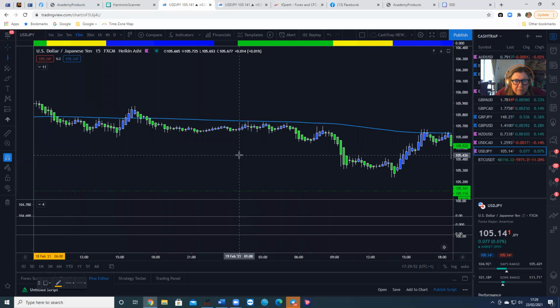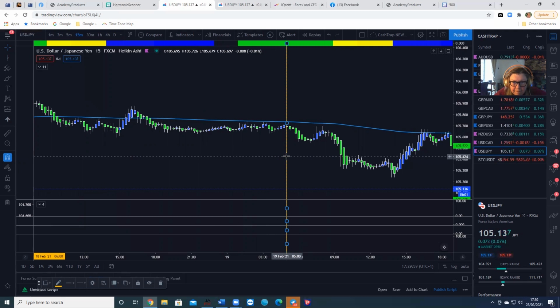And I'll show you something else I just thought to show you. So I'm going to look at Matty's session again, 5 o'clock to 6, just that little bit there. And he will have identified from our lines of support and resistance where price previously stalled out.